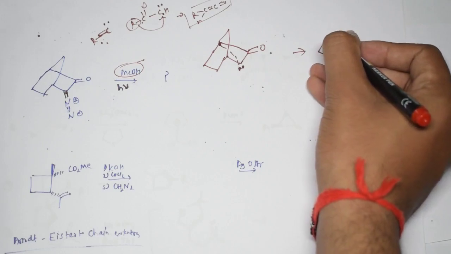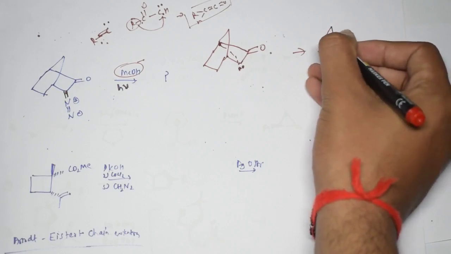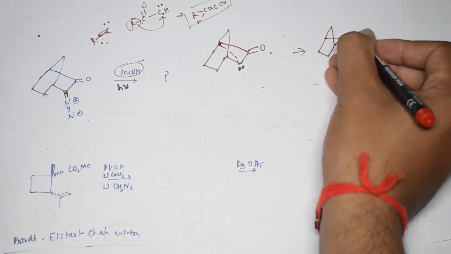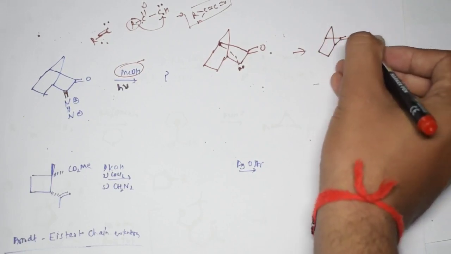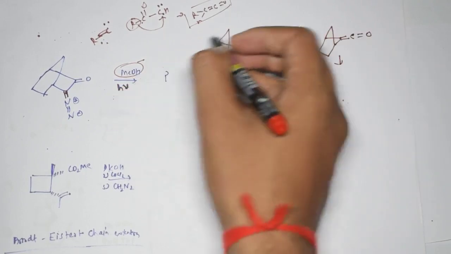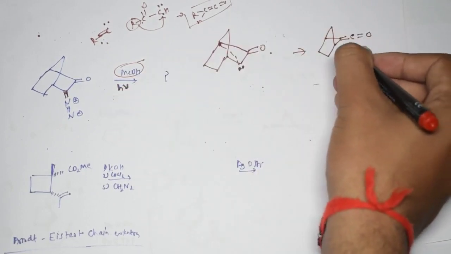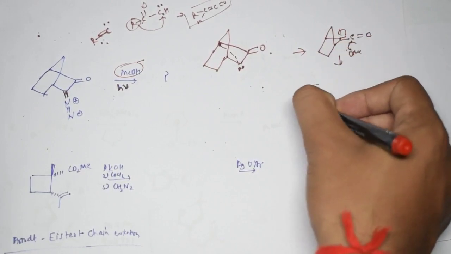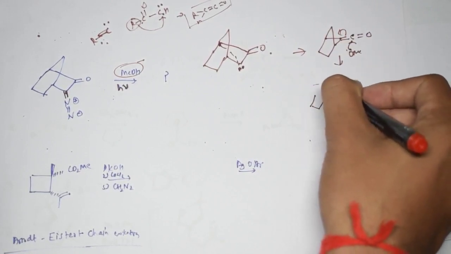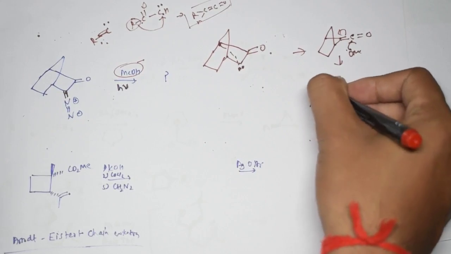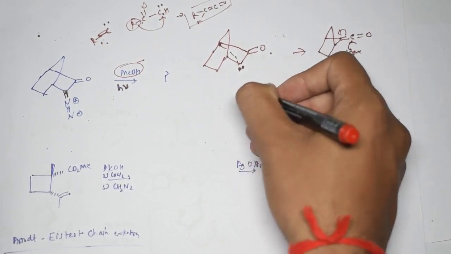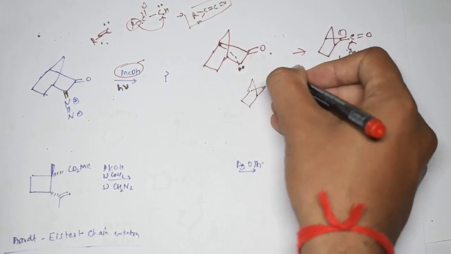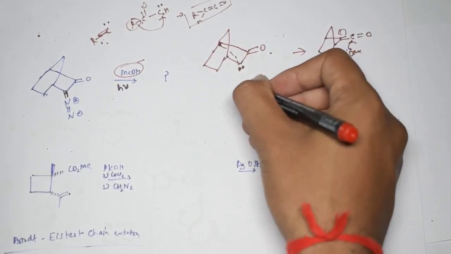So here we will have this much, and after this we will have double bond C double bond O like this. After this we have this MeOH, so the OMe over here is going to attack on this one, and we can have the product, sorry, not this one, but we will have CO2Me as the product, right.